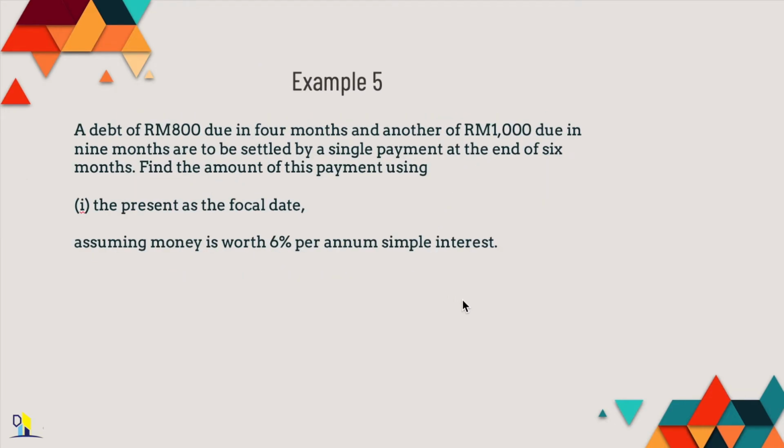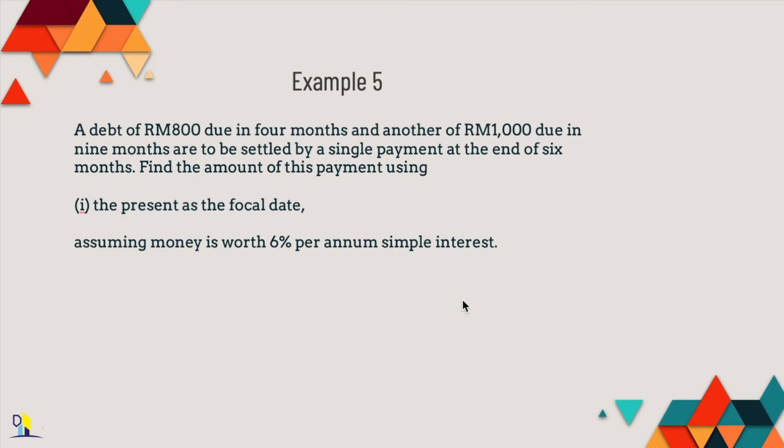Example 5. A debt of 800 ringgit due in 4 months and another debt of 1,000 ringgit due in 9 months are to be settled by one single payment at the end of 6 months. Find the amount of this payment using the present, which is basically now, as the focal date, assuming money is worth 6% per annum simple interest.